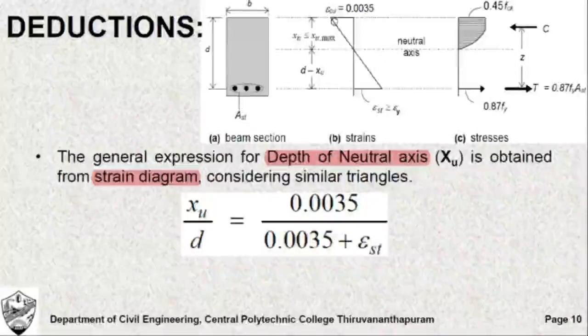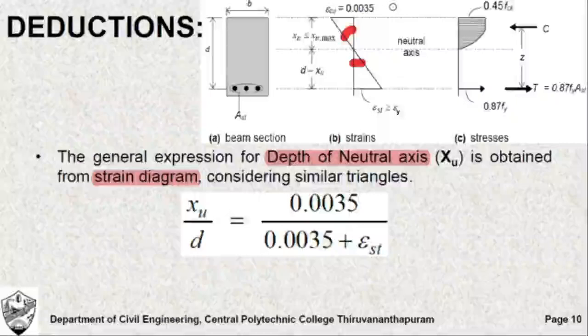You see the strain distribution diagram is basically two triangles, and since the interior angles are the same in both triangles, they can be considered similar.